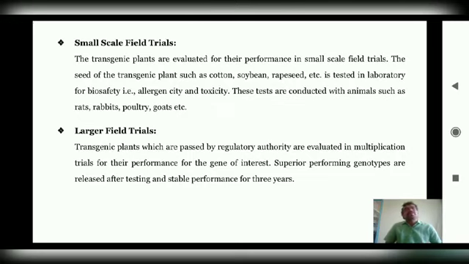And then after the small scale field trials, we have to grow them in large field trials. These transgenic plants are then multiplied in larger quantities, in larger fields, and superior genotypes are then released for their performance.